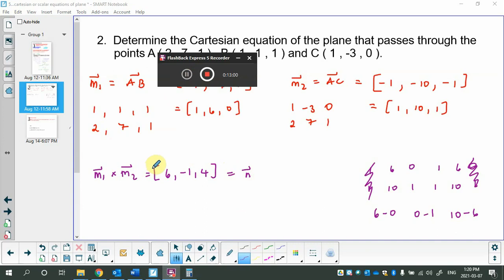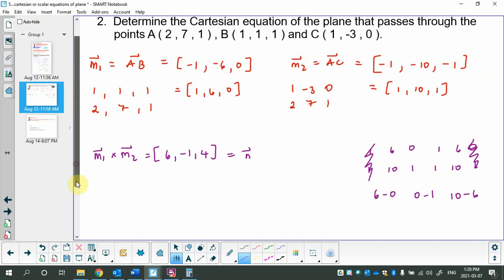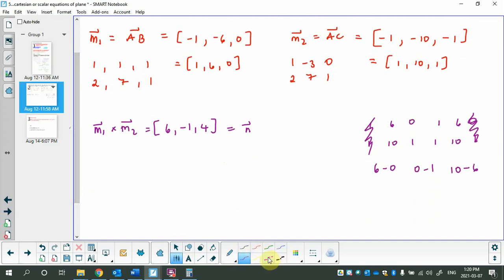It was not. All right, so now what I have is the start of my Cartesian equation. AX plus BY plus CZ plus unknown D is equal to 0.